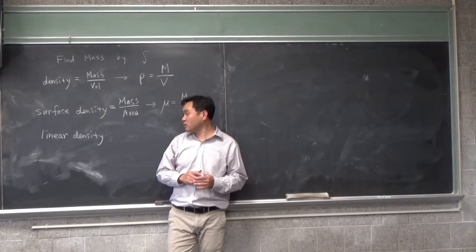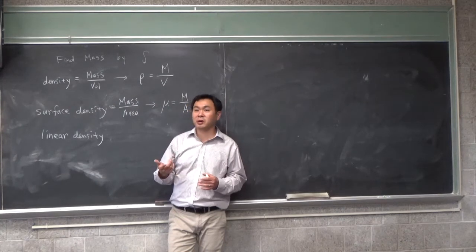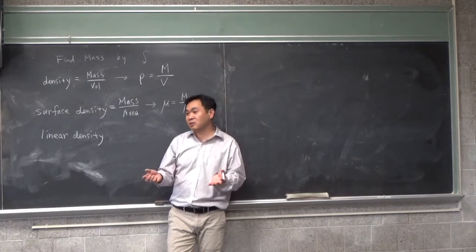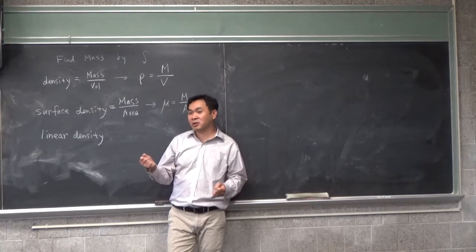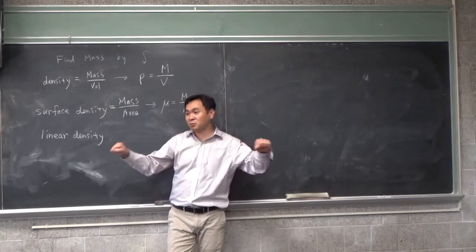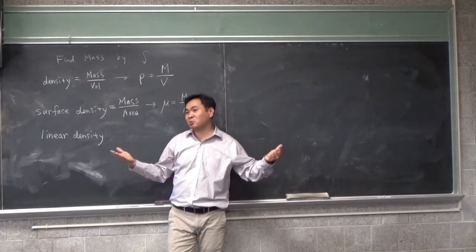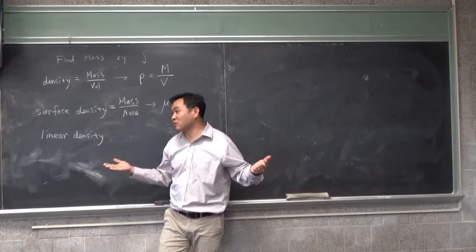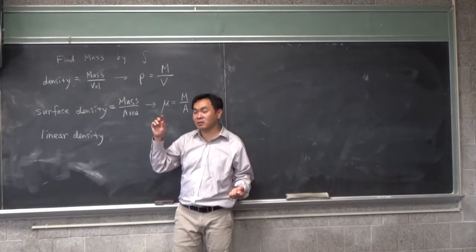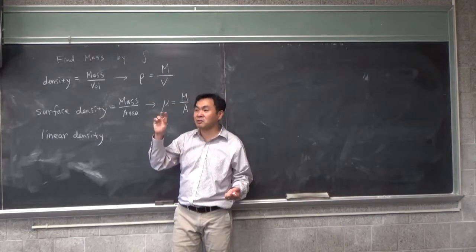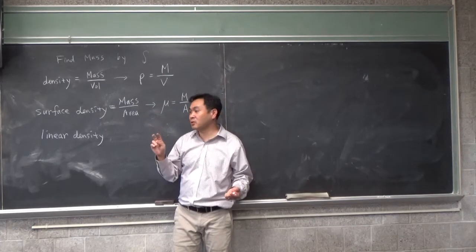So linear density is like when you go to buy a set of wires, and depending on how heavy it is, it might give you something like pounds per foot. Like if you take a foot of this wire, it will weigh like 0.2 pounds or something like that, right? And if you think about the pounds, that's the mass, not the weight, it's the mass, and then foot is the length.